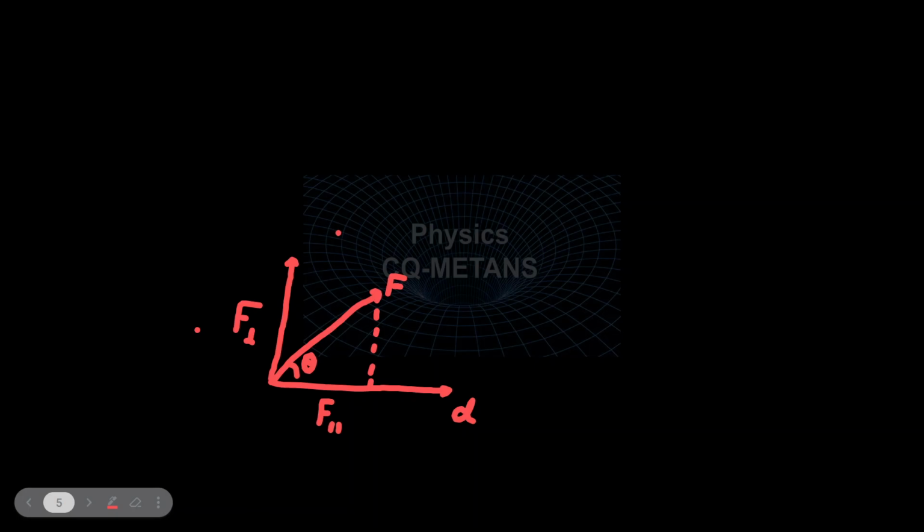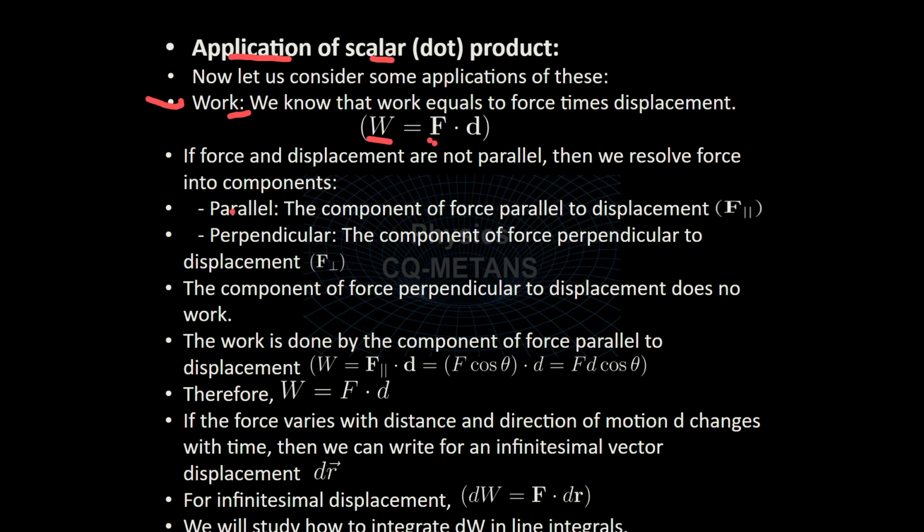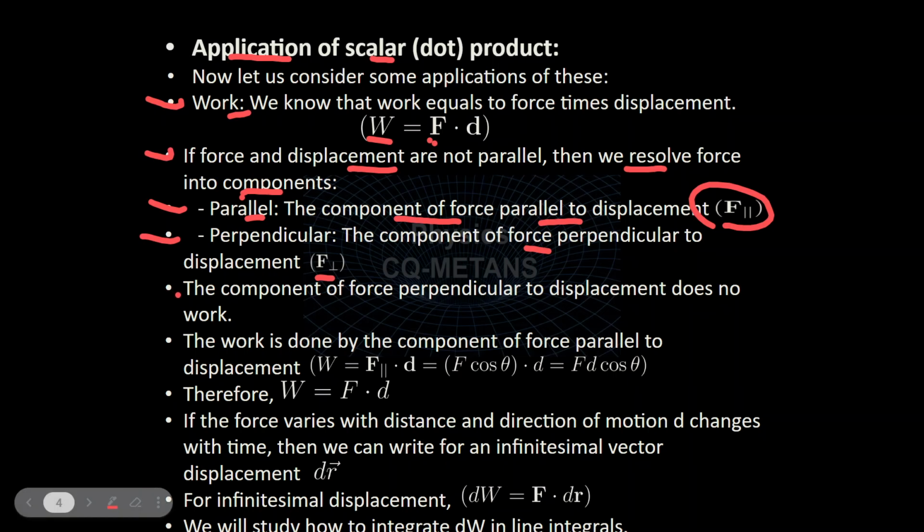That is what is also mentioned over here. If force and displacement are not parallel, then we have to resolve the force into components. One is the component of force parallel to displacement, which we are calling F parallel, and the perpendicular one is the component of force perpendicular to displacement, that we are representing as F perpendicular.